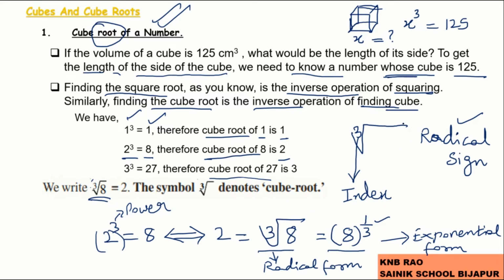Students, you know this is called radical sign, and there is one more important thing. Suppose there is a number here, let's say the number is n, this number has another name. This is called radicand.